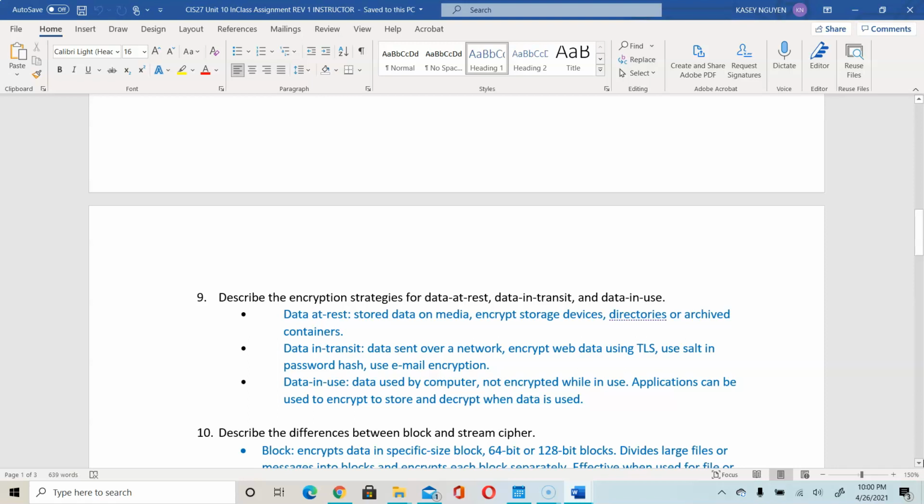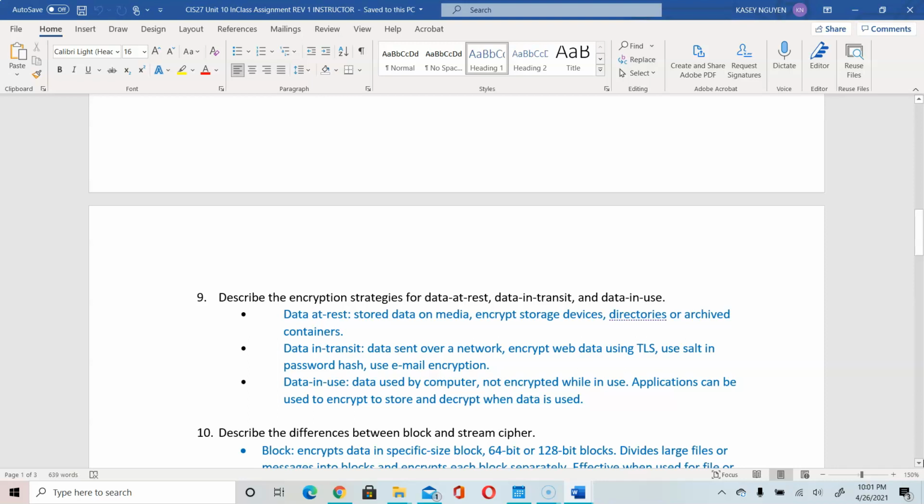Your data in transit would be data sent over the network and encrypted. That would often be seen as web data, so in that case we would use TLS to encrypt web data, we would use salt for password hashes, and we would use email encryption for email transfer.